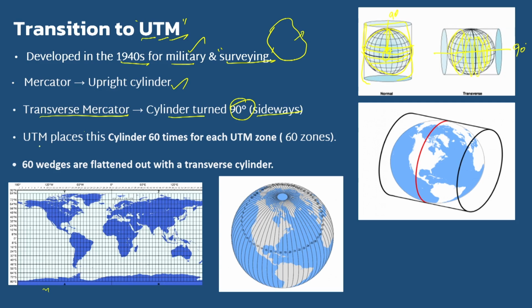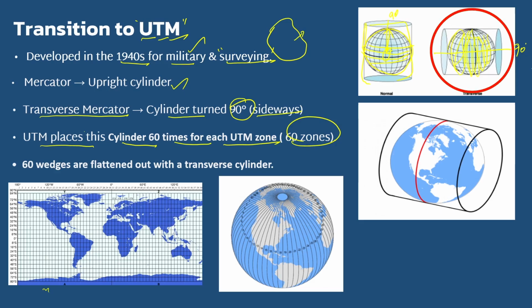And look at the third point, UTM places this cylinder 60 times, once for each UTM zone, which means what? We are going to rotate it like this, placing the cylinder for every zone. If you start rotating this sideways cylindrical projection, every zone will be captured.